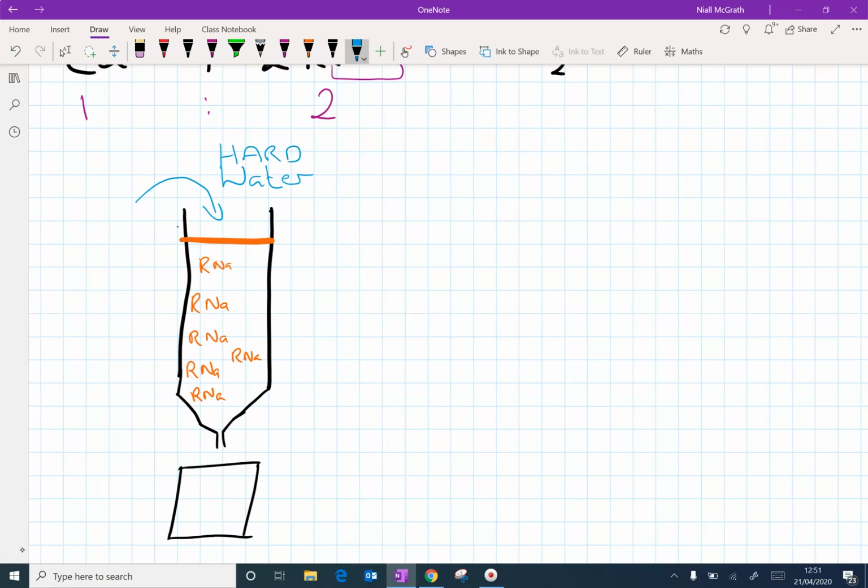that's containing your calcium or magnesium ions, as it goes down through the resin, what happens is the calcium that is in the water, or the magnesium, we'll use calcium, is replaced by the sodium in the resin, and these Nas move into the water, and then here you're left with your calcium.